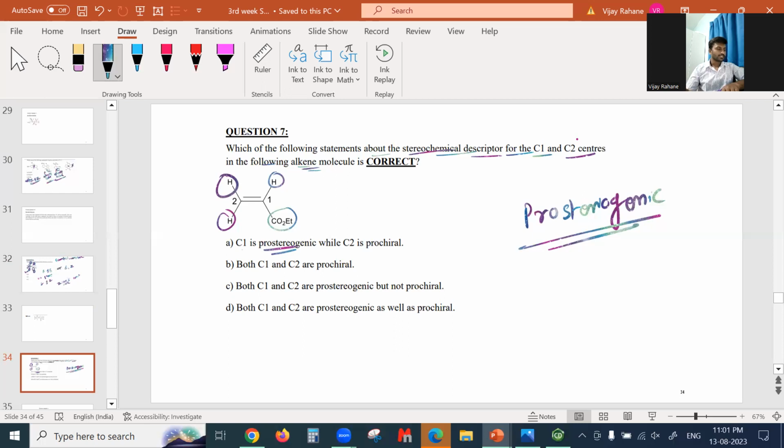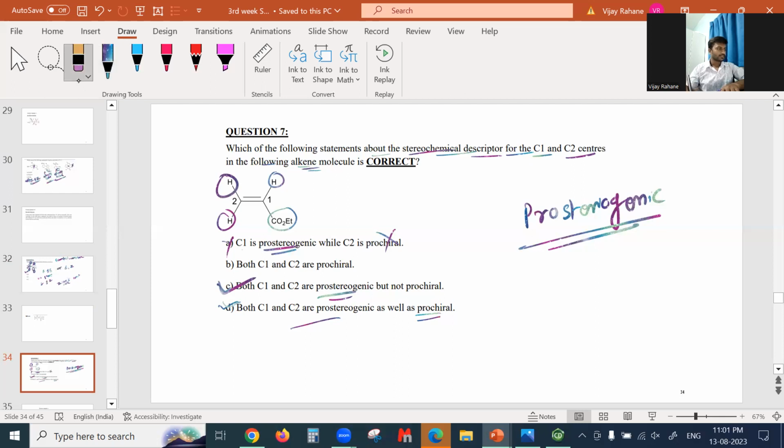So here we can see option C, both are pro-stereogenic centers, right? Here also both pro-stereogenic and prochiral are given. But if you see these options, these two carbons are not prochiral carbon atoms, because the condition of a prochiral atom is not satisfied here. So we can neglect option D as well.